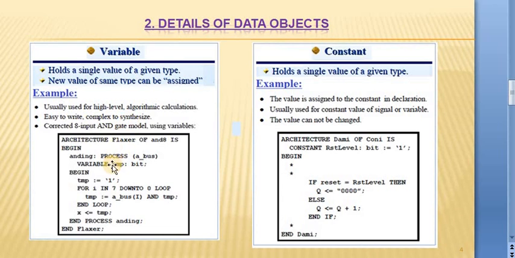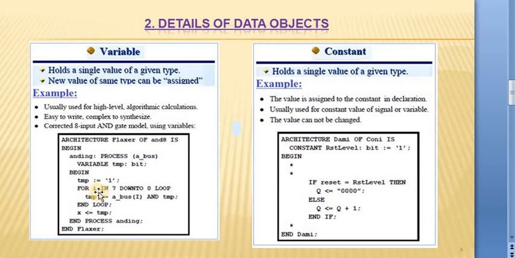Such problems can be of high level algorithm calculations. As you see in the example, the 8 input AND gate logic is written, which is using the variable temp of the type bit in the code. The temp variable is used inside whose values are changing as per the for loop, which is applied for 7 down to 0 values of I.